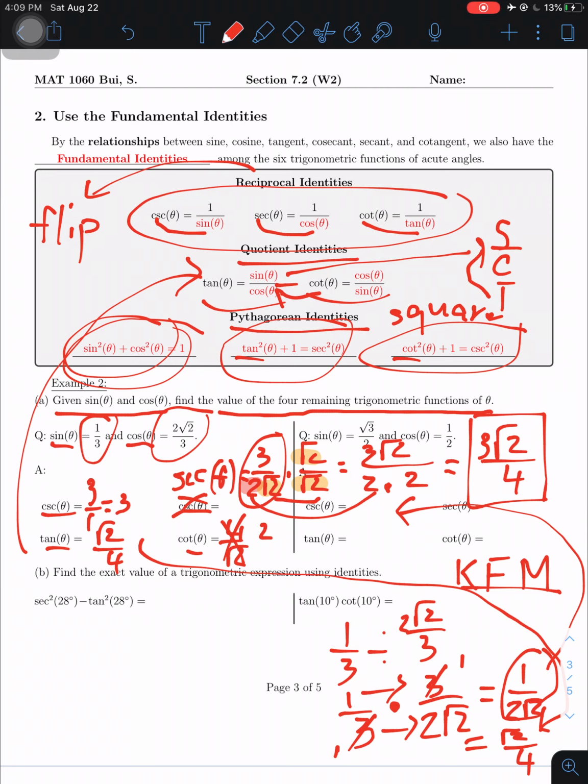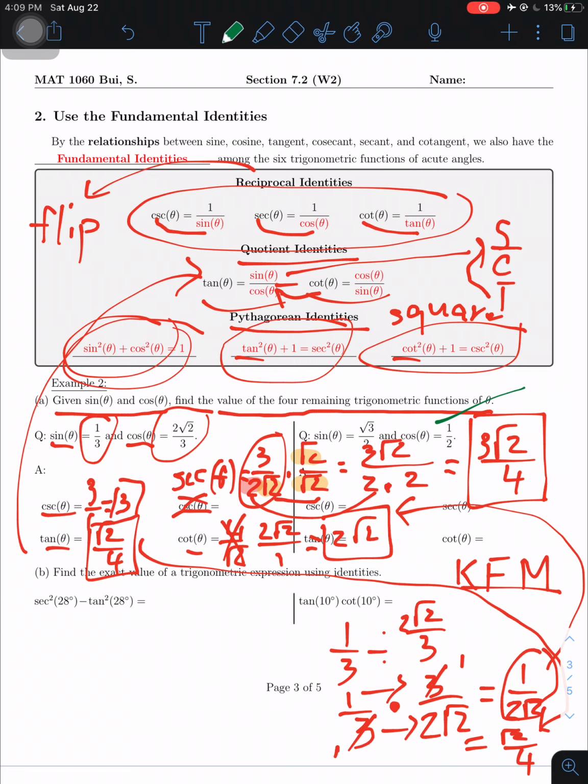So I'm going to have 2 square root of 2 divided by 1, which is 2 square root of 2. This is the final answer for cotangent, and this is the answer for tangent, and this is the answer for cosecant.